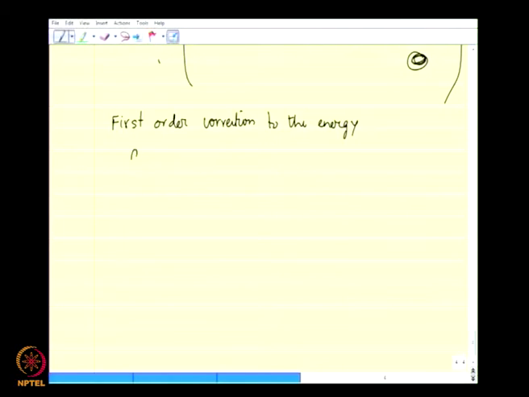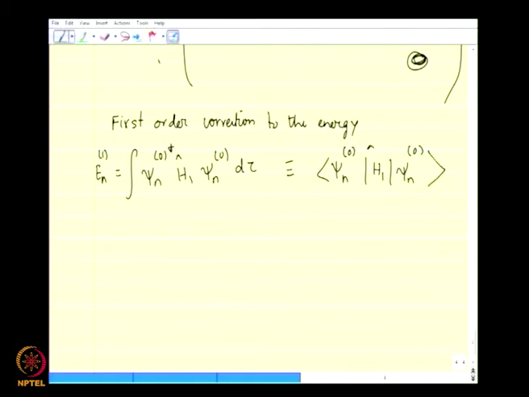Two ways of writing it. You write the integral psi n 0 star H1 psi n 0 d tau, and this is what is called En1, and the other equivalent way of writing this is psi n 0 H1 psi n 0.